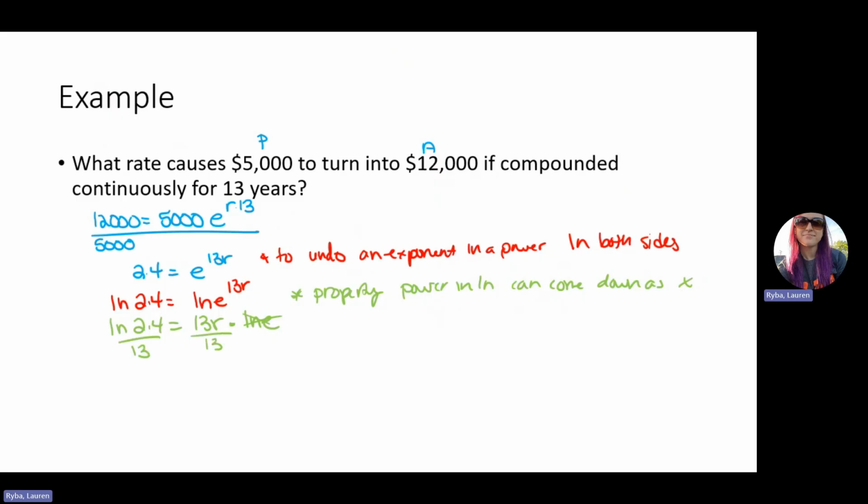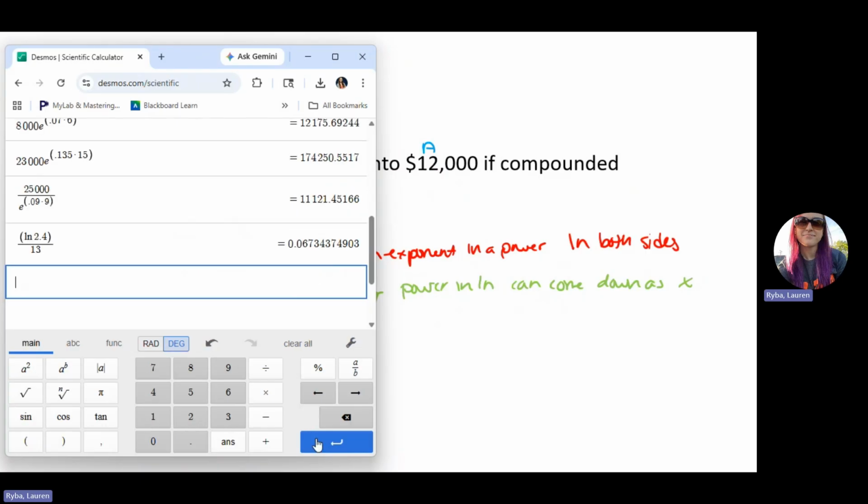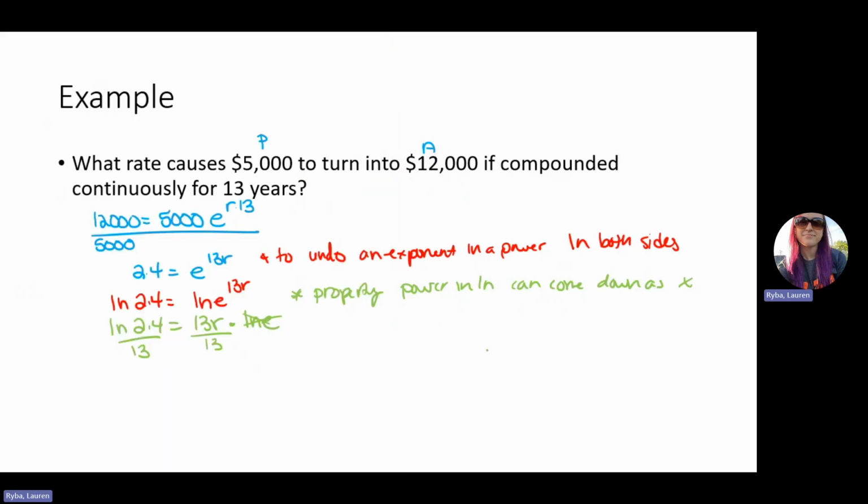So I'll take the natural log of 2.4 and divide by 13. I'm going to put parentheses around that and then divide by 13. So 0.067 around that. Because generally I like to keep my interest rate to 1 decimal point, 6.7%.